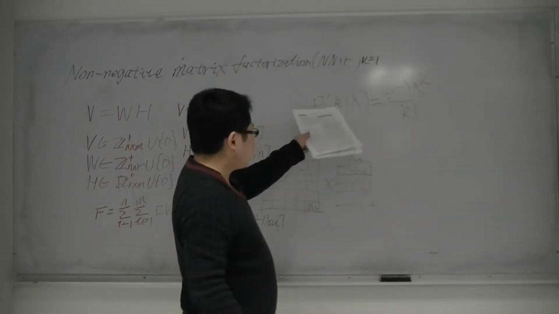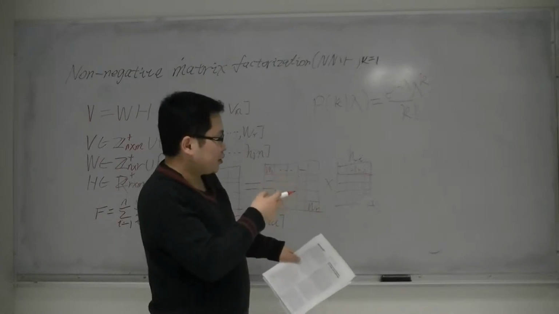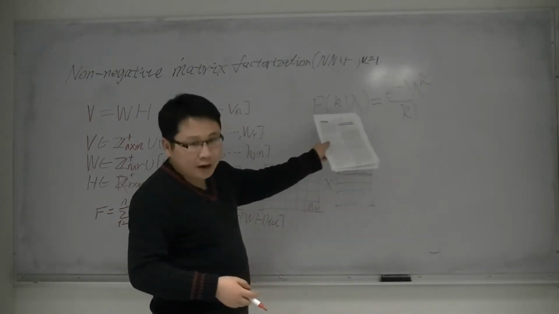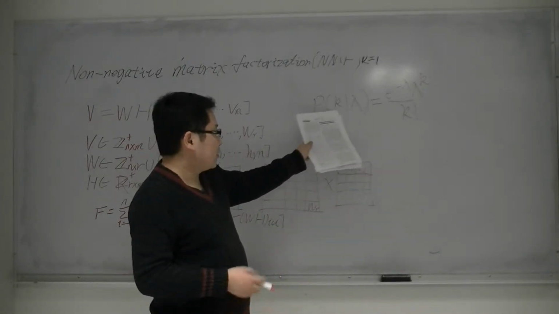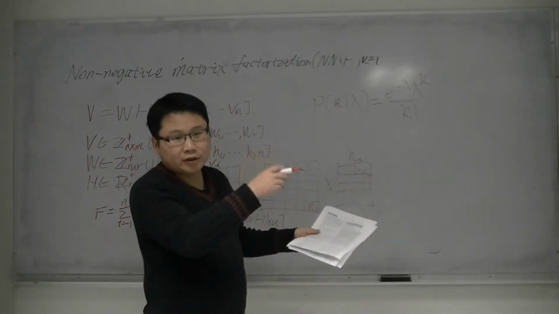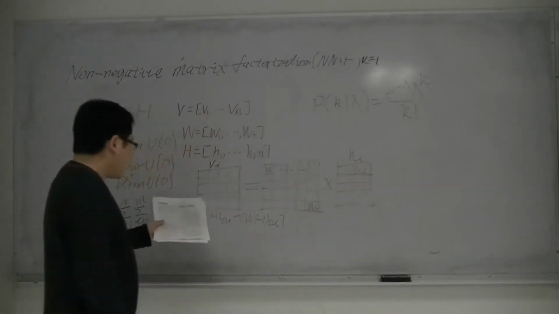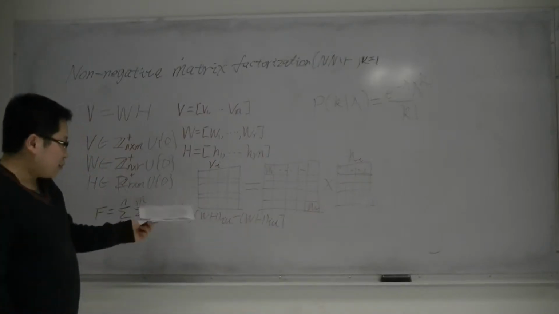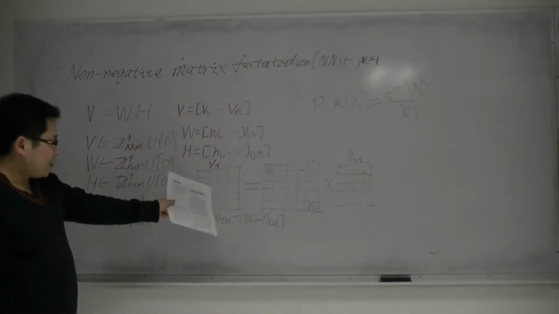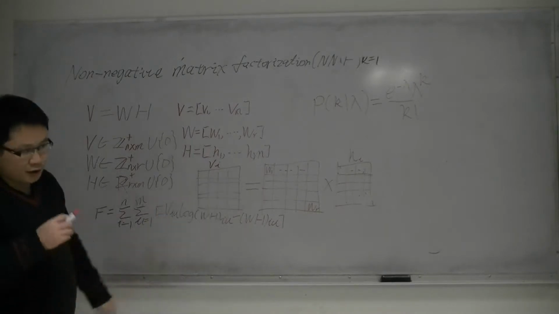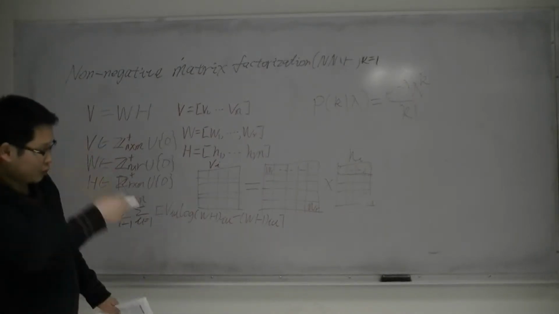This is the distribution, and this is the parameter. This is every value 0, 1, 2, 3, 4, and so on. I suppose every element here satisfies the Poisson distribution.